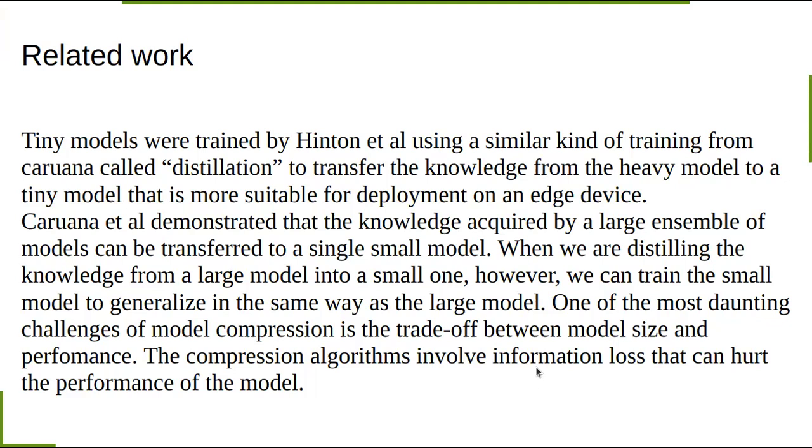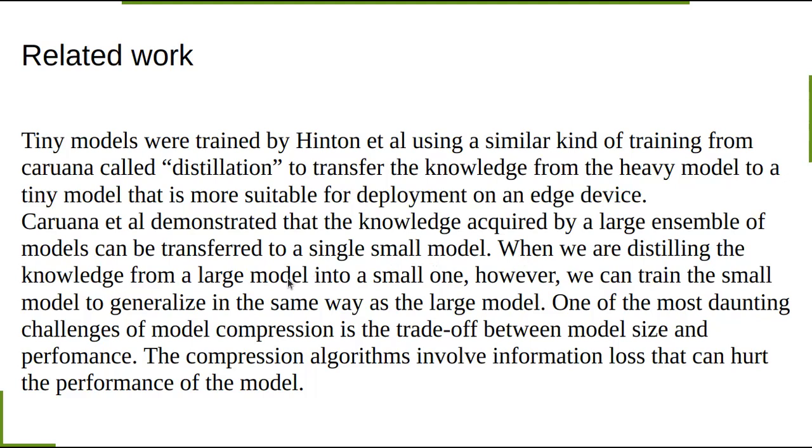So, in this distillation process, there's a transfer of knowledge from a heavy model to a tiny model that is more suitable for deployment on an edge device. Caruana and his colleagues demonstrated that the knowledge acquired by the large ensemble models was transferred to a single small model.